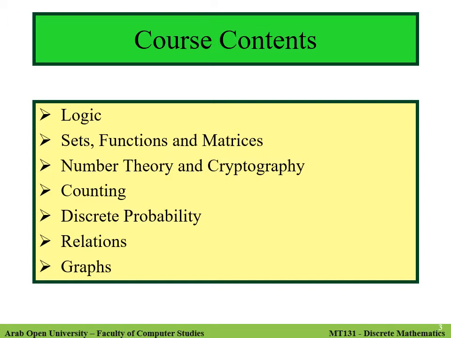Second chapter is sets, functions, and matrices. Chapter 4 is number theory and cryptography. Chapter 6 is counting. Chapter 7 is discrete probability. Chapter 8, I think, relations. And the final chapter we'll cover is about graphs.